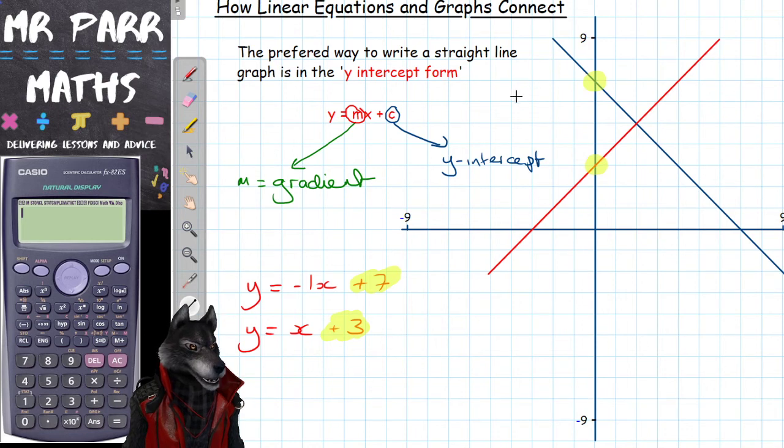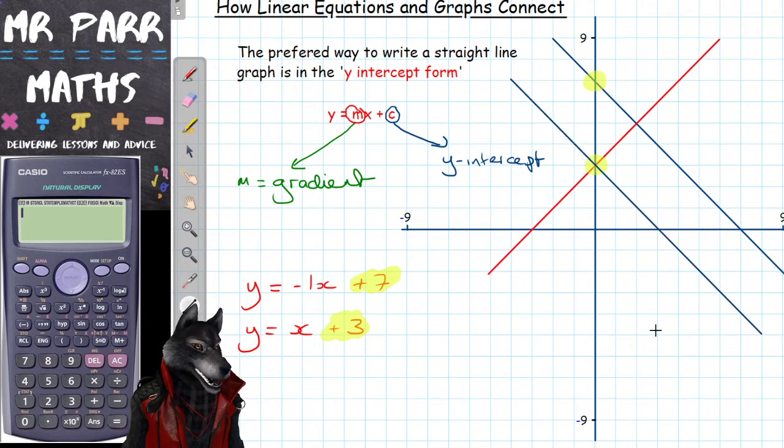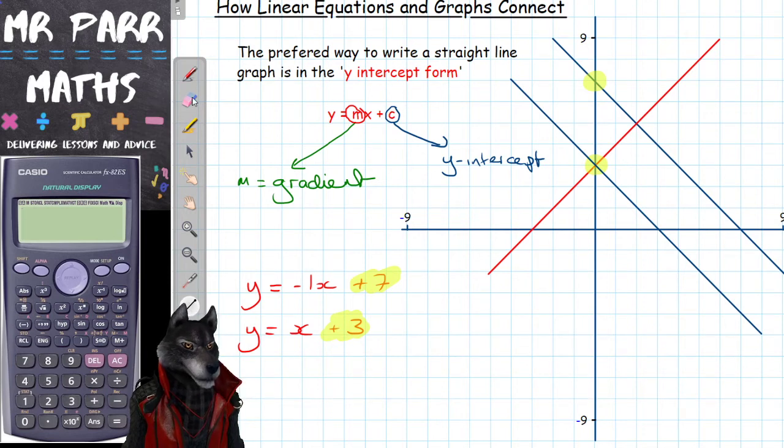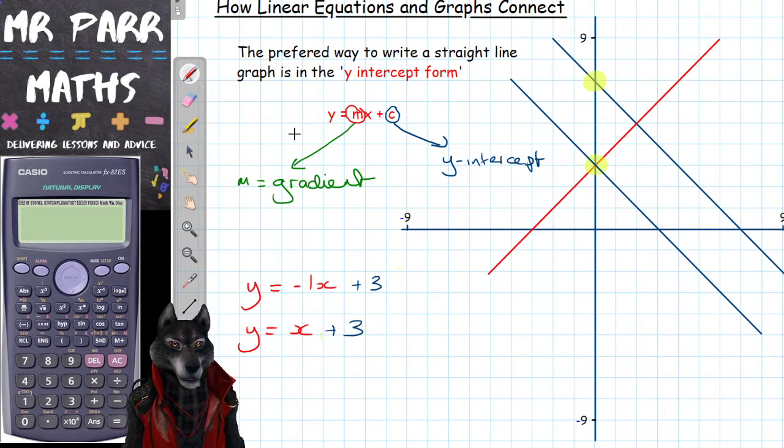So what if I drew this line again, but now made their y-intercepts match. So now they both have a y-intercept of plus 3. Now how do I tell them apart?